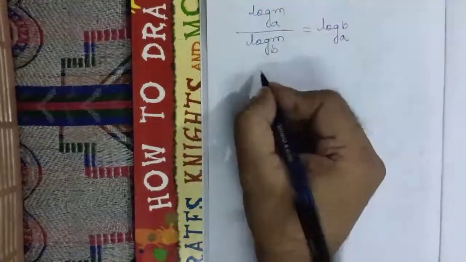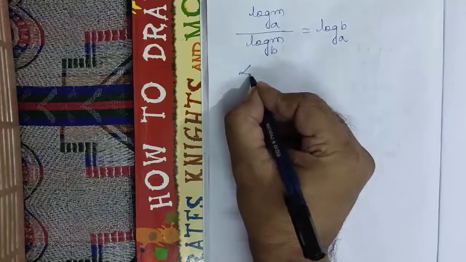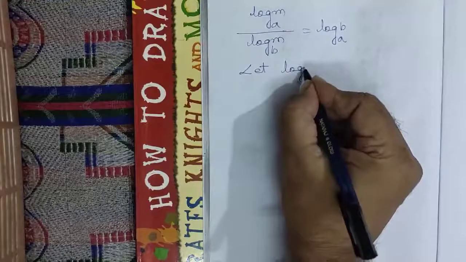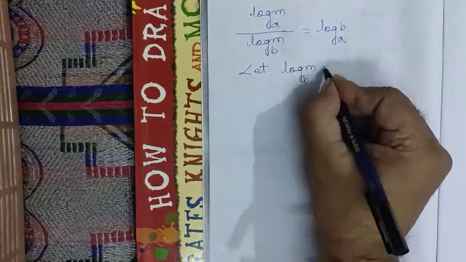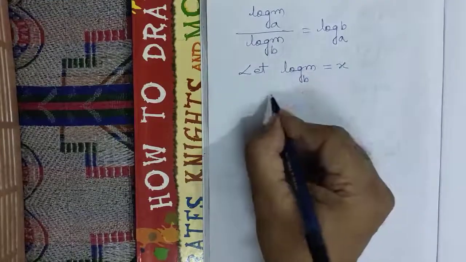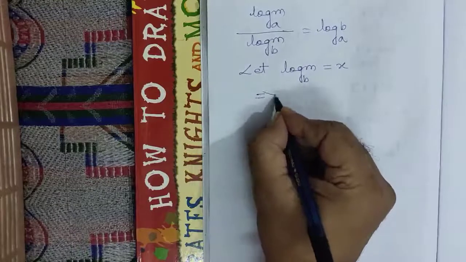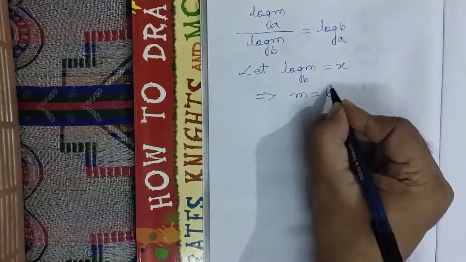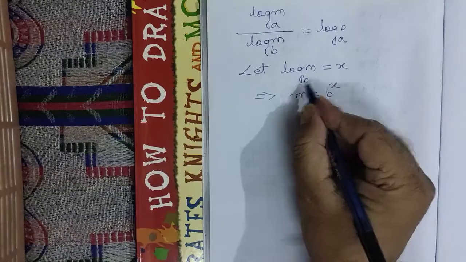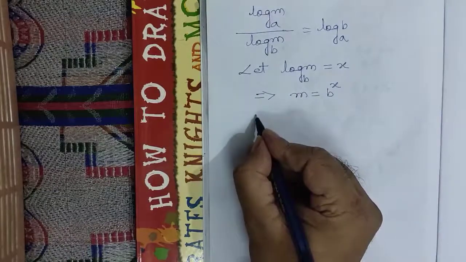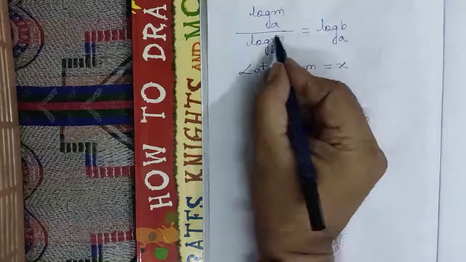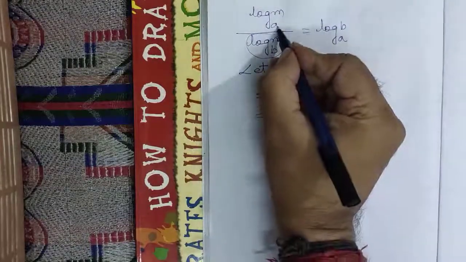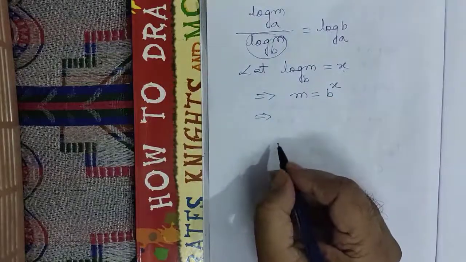So, this was the property. For this, I am considering let log m base b equal x. Now, from here, you will definitely be getting m equal to b to the power x by the property of logarithm. This quantity I have considered to be x. Now, with respect to another base, what is the relation that you need to know?